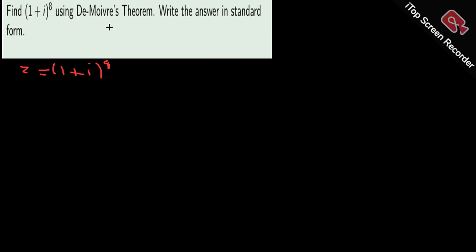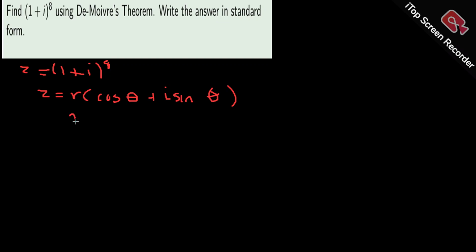So, this is what we're going to do. Let's change this to polar form. If you have forgotten how to change to polar form, then make sure you understand this. Changing this to polar form, what do I need? I know that the polar form is supposed to be something like this. Now look at this.